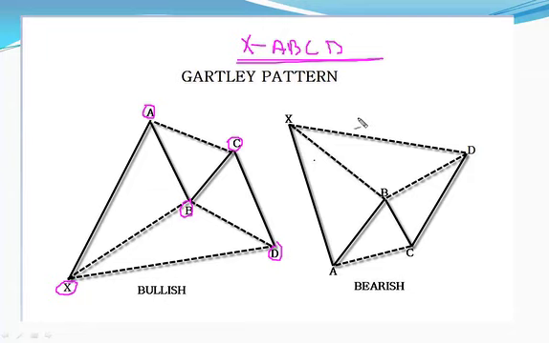On a Gartley pattern, you have a rally from X to A, and then your first retracement down, which is your B, should be a 618 retracement. So from X low to A high down to B is a 618.